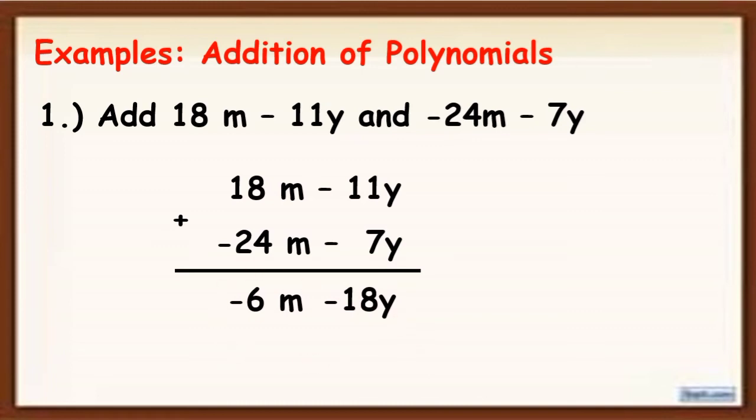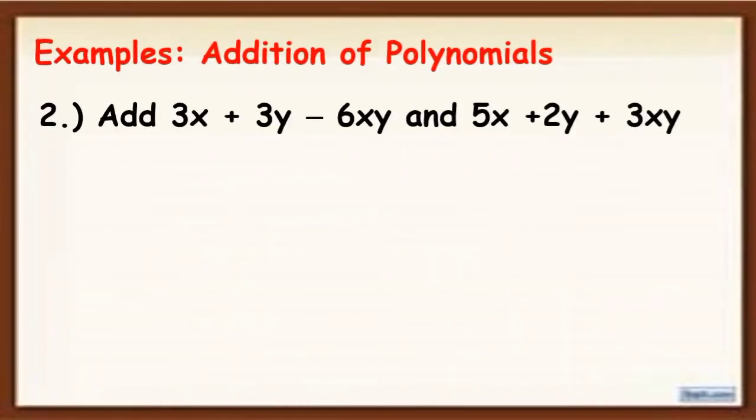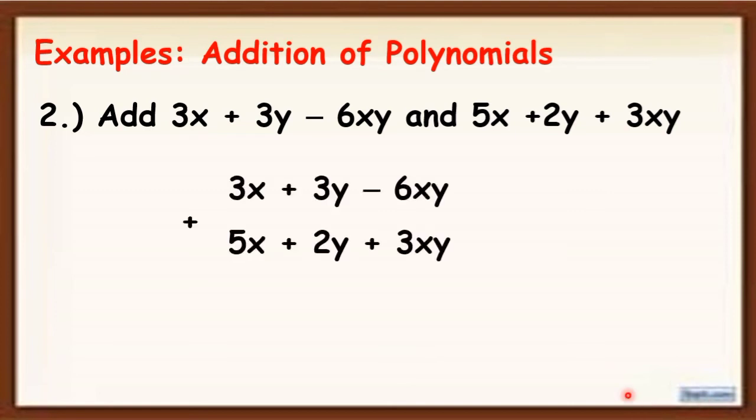Another example. 3x plus 3y minus 6xy and 5x plus 2y plus 3xy. Again, arrange the similar terms in the same column. So it will become like this. Now simplify. 3x plus 5x is equal to 8x.